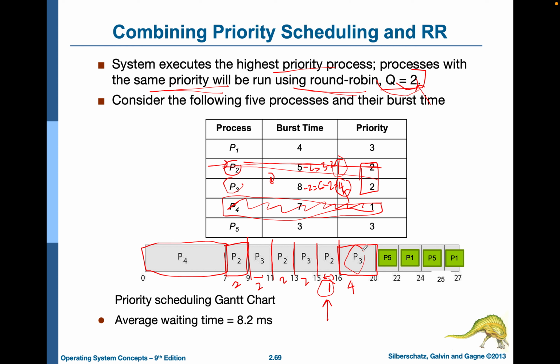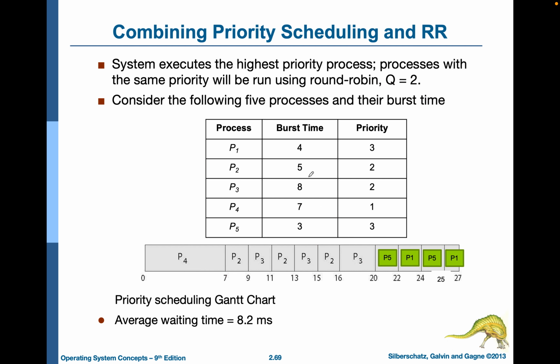And directly P3. Now you continue with the similar thing because here and here have a similar priority. So please remember, same priority is going to have a quantum 2. After P3 finishes, which one will start first using round robin? This one will start first, 2 only.